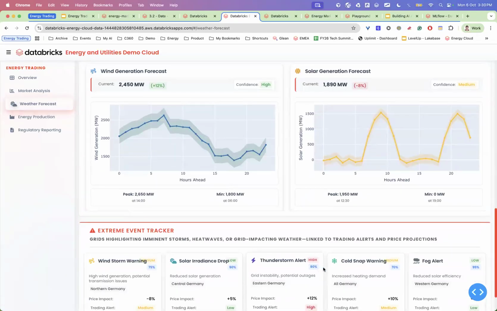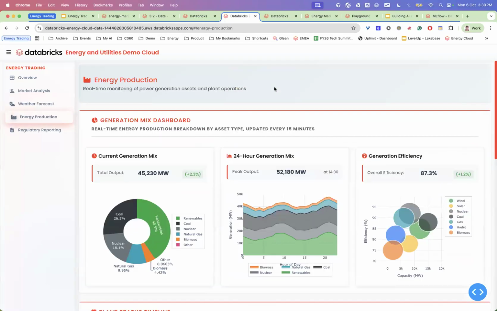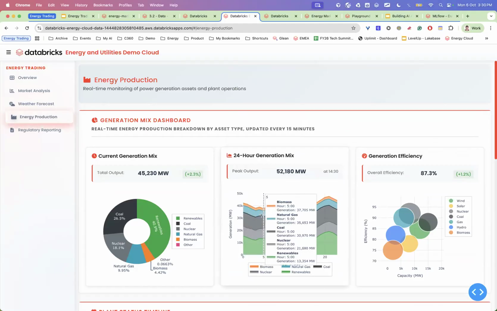So you have the market insights on one side and also the weather data, and that's two parts of it. The third part is energy production. You would have different plants spread across different locations, and different sources, for example coal, natural gas, nuclear.